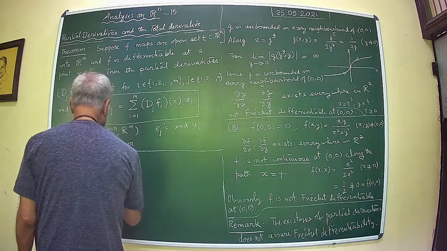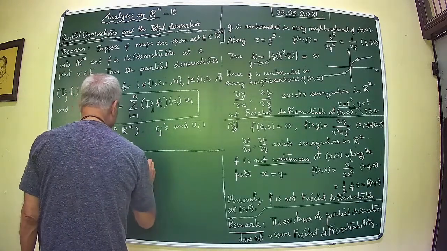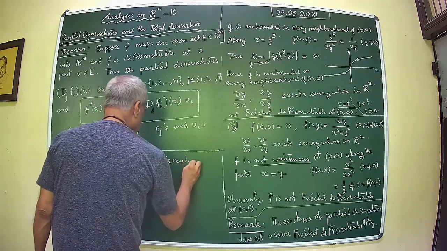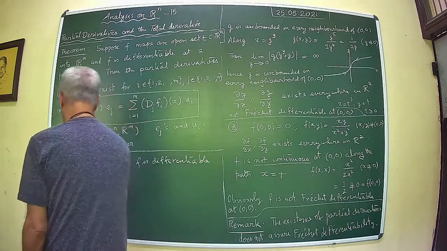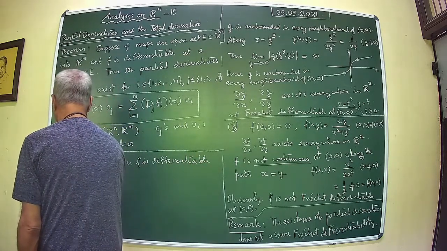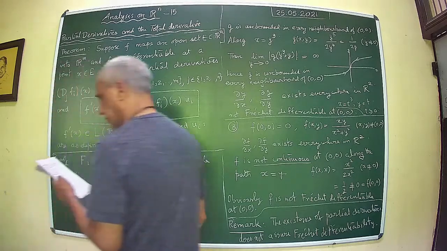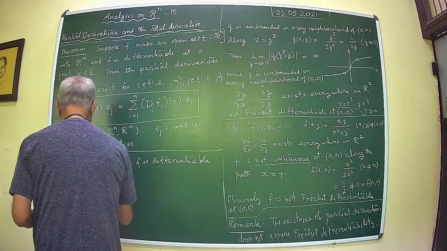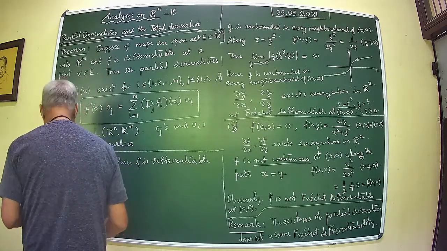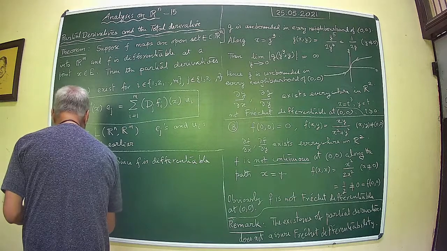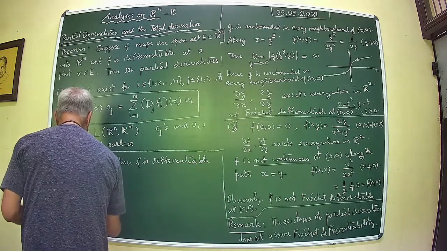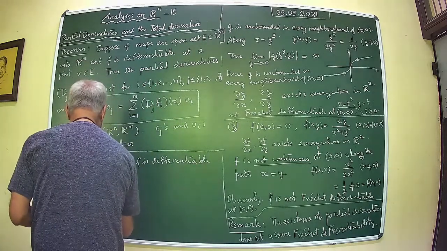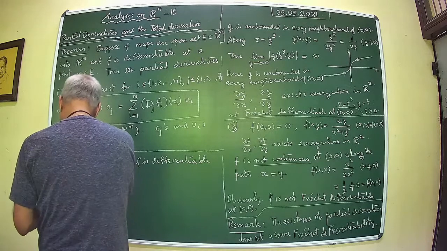Since f is differentiable at x belonging to E, we have f of x plus t e_j minus f of x, and what is this?